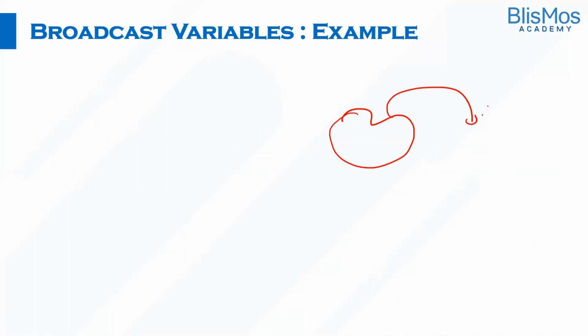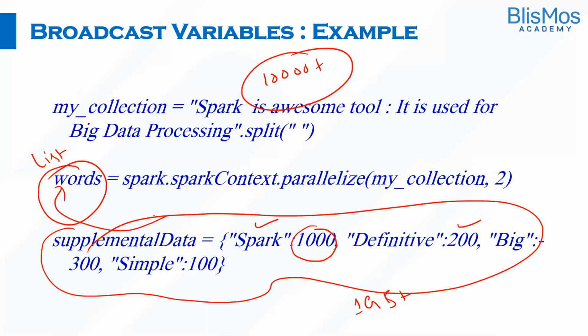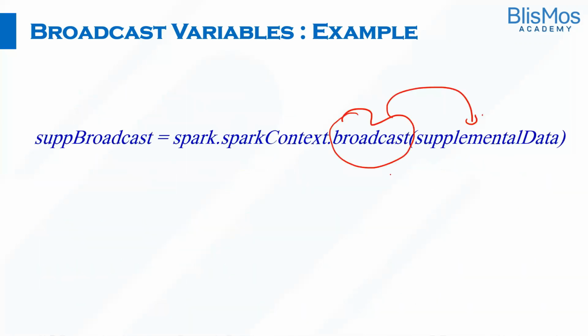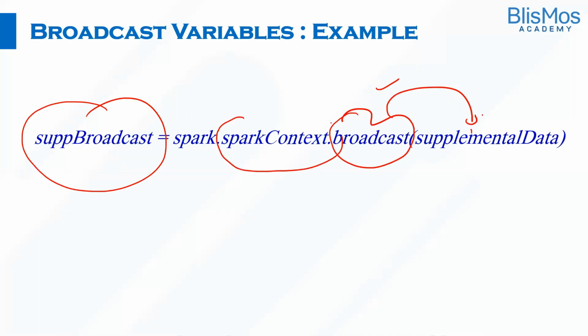What we can do is go ahead and create a broadcast variable with that supplemental data. So in the previous section, we created a variable with this information, kind of a lookup table. And what we are doing here is broadcasting that by using a broadcast function. Obviously, whenever we are going for low level APIs, we have to go through a Spark context.